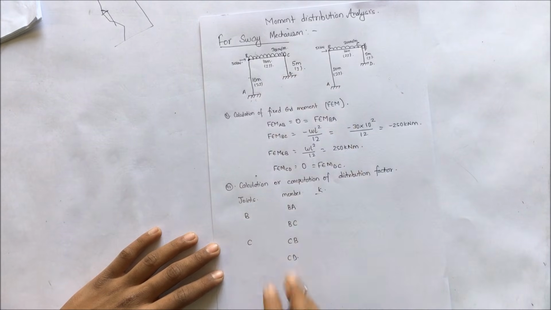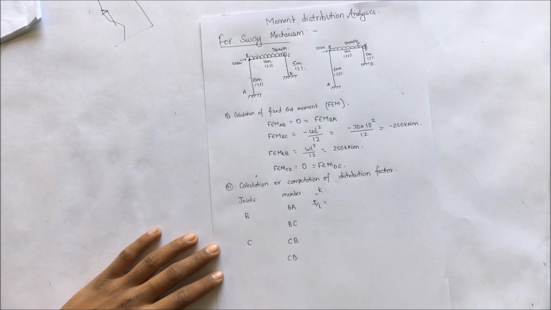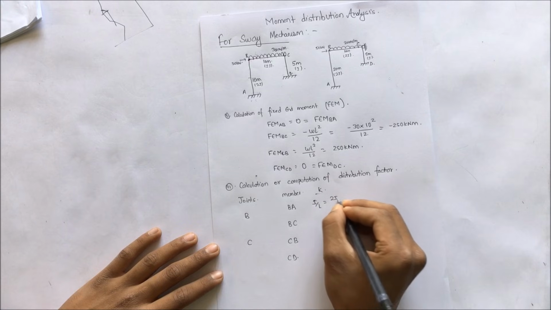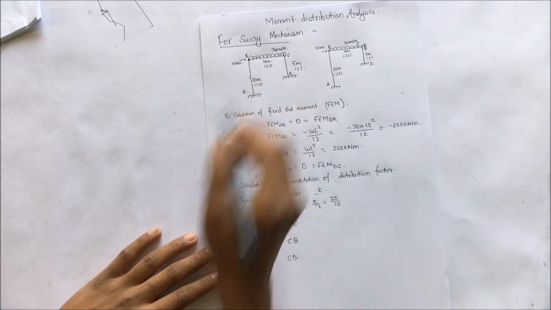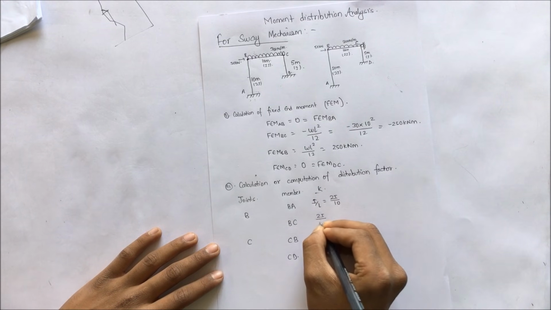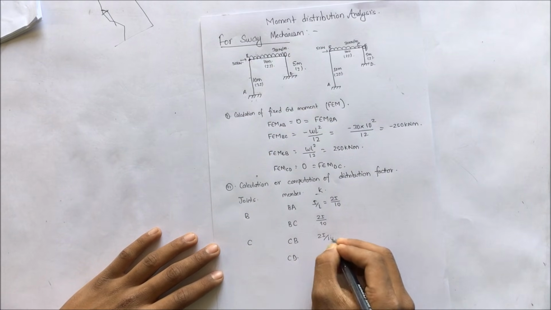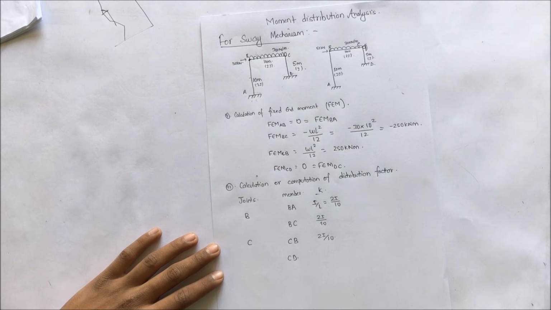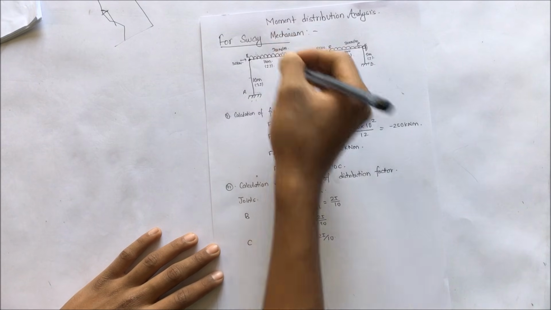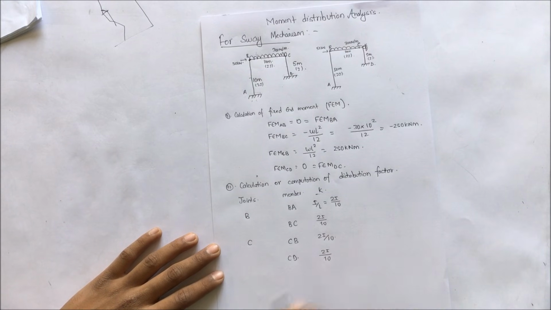So for BA member it is an intermediate support, so it will be I by L, and the length is 10 meter and I is equal to 2I, so 2I by 10. For BC it is also an intermediate member, so it becomes 2I by 10. For CB 2I by 10, and finally for CD it is 2I by 10.